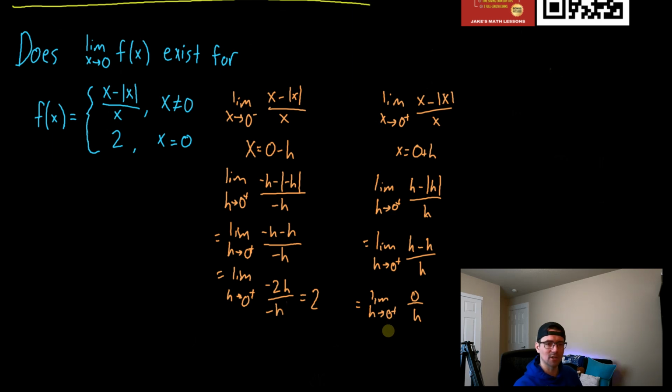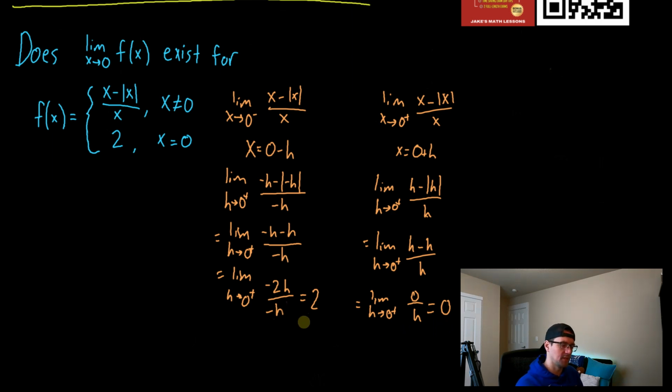It's never actually going to reach 0, though. h will not ever be 0. h will be a very small positive number. It doesn't really matter what that small positive number is. What matters is that it's not 0, because we can't divide by 0. So essentially what this limit is giving us is 0 over some positive number, right? Which 0 divided by any number is just 0. So our right-handed limit gives us 0.